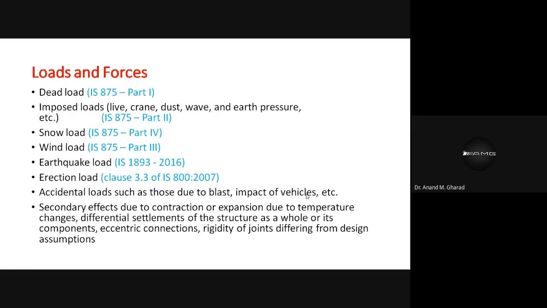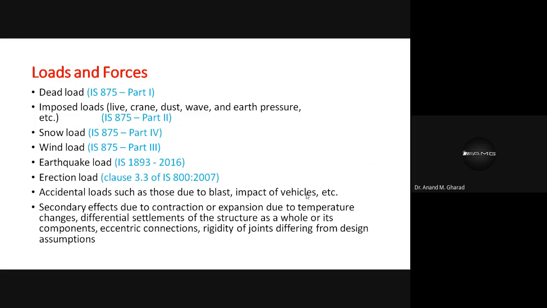Now, the essential components which a structure will carry throughout its life are nothing but the loads. The loads may be in the form of dead load, live load, or sometimes also known as imposed loads.